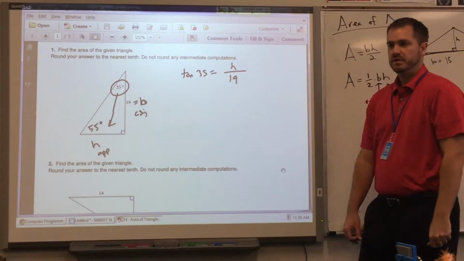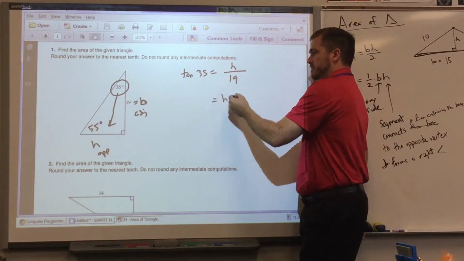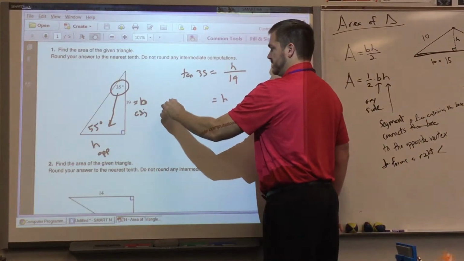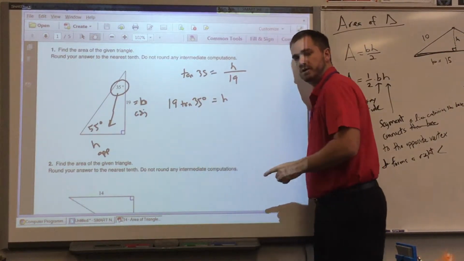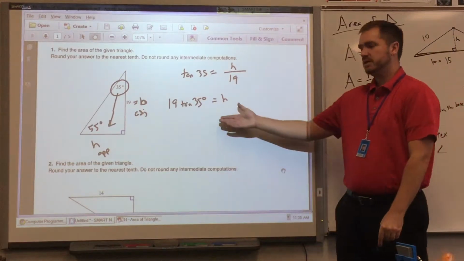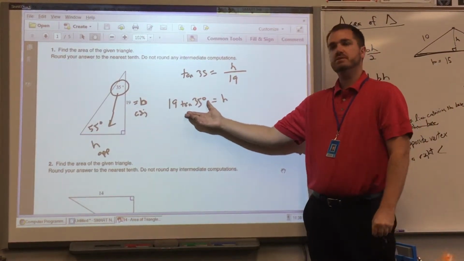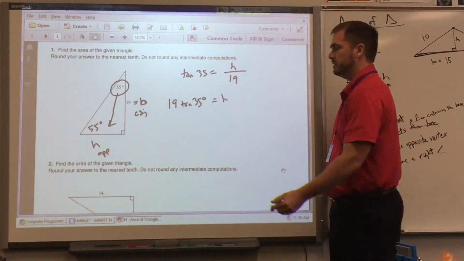I agree. I'm going to save y'all some calculator steps here. So h equals 19 times the tangent of 35. Don't type that in yet. Stay that finger, Nia. We're just going to leave it as 19 tan 35. Beautiful in all of its exactness.